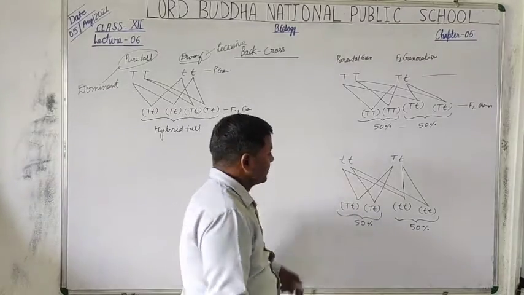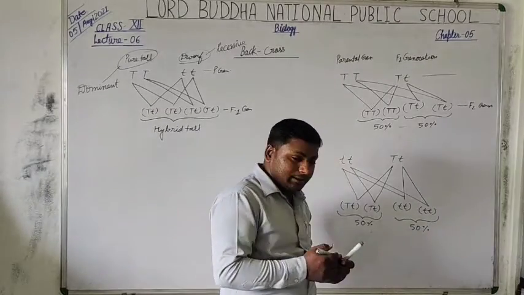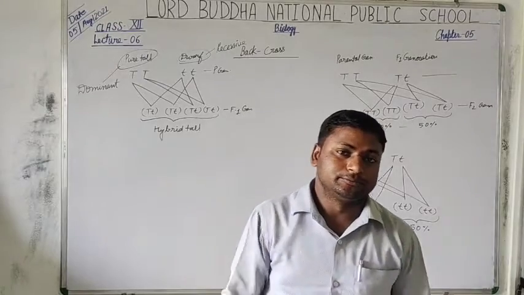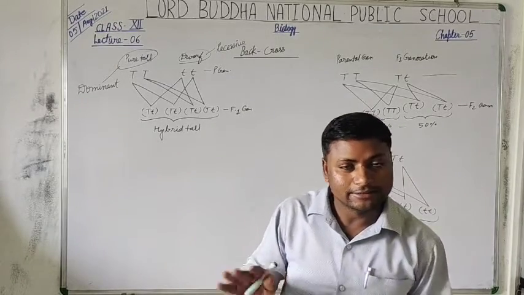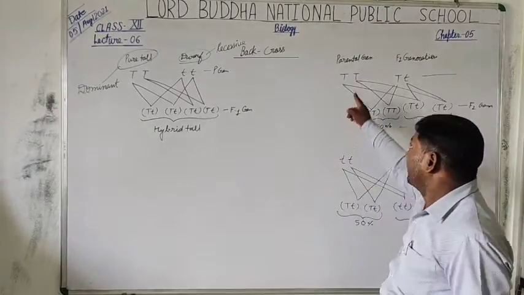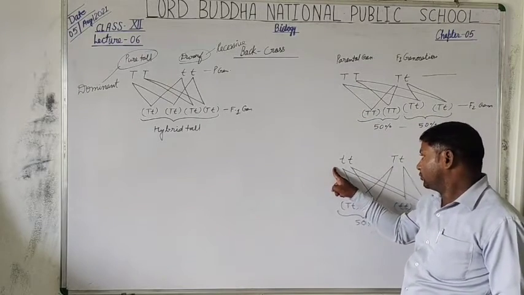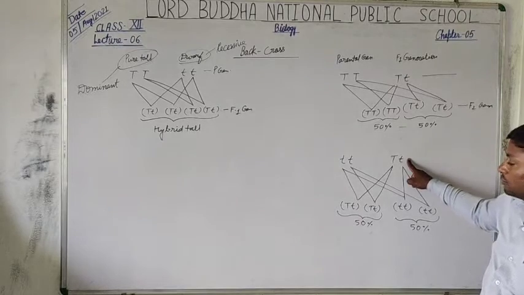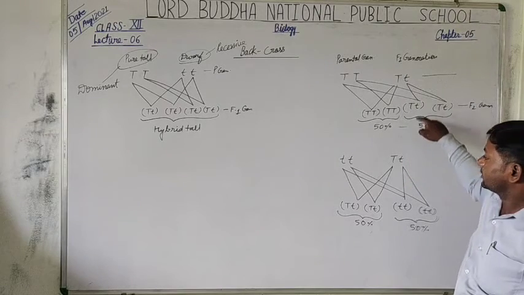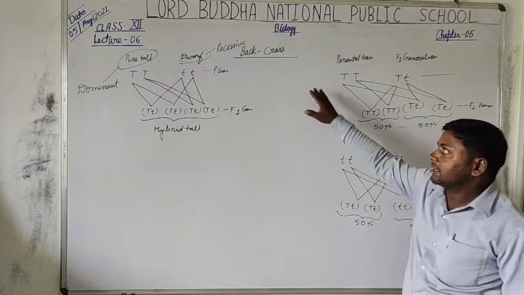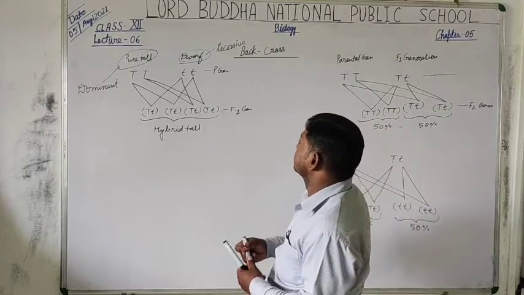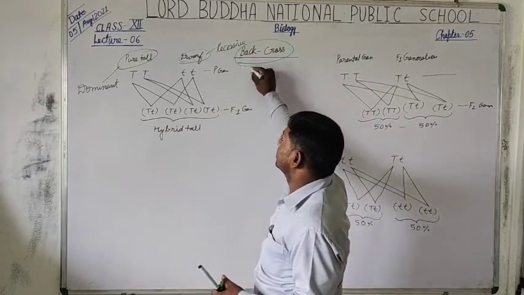Thus students, when a cross is made between a parental plant and an individual of the F1 generation, this type of cross is known as back cross. Is that clear?